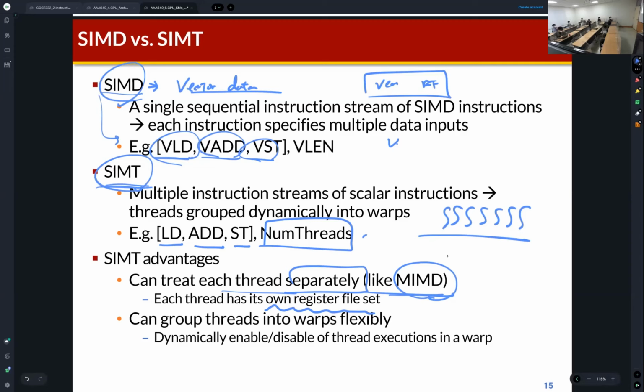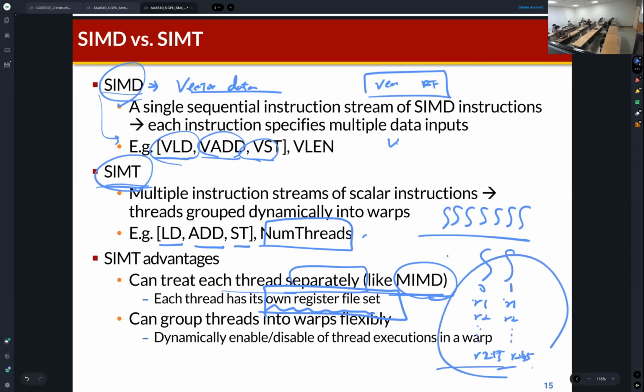Then it's a feature of the SIMT model: each thread has its own register file set. What does that mean? This is thread number 0, thread number 1. Thread number 0 has its own register file R1, R2, up to maybe R255. Thread number 1 also has its own register set like R1, R2, up to R255.